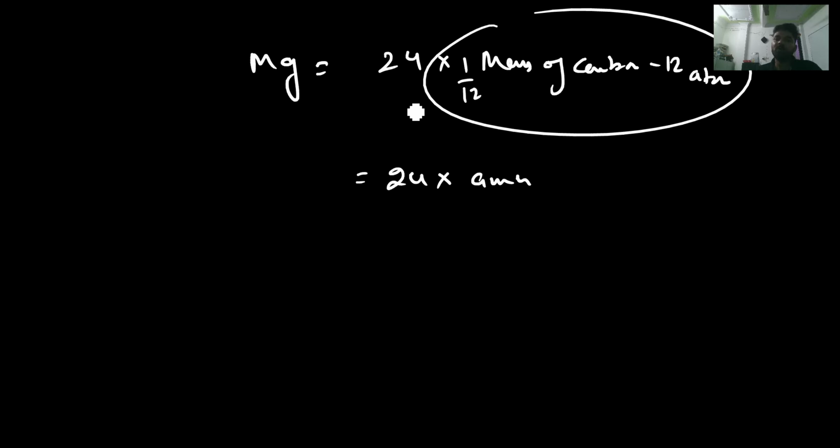Now coming to the next point: from where do we get this 6.02 into 10 power 23? From where we get it, I will explain later, because this is very important. We are going to study the mole concept, and the mole is very important.